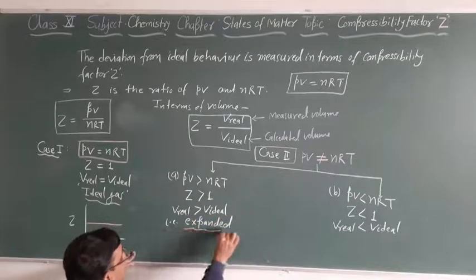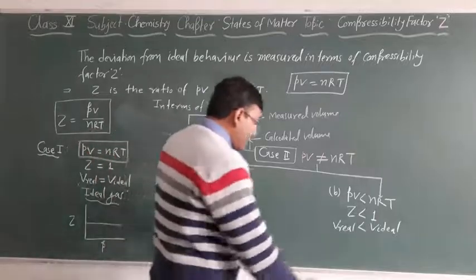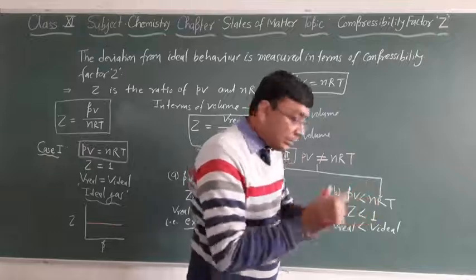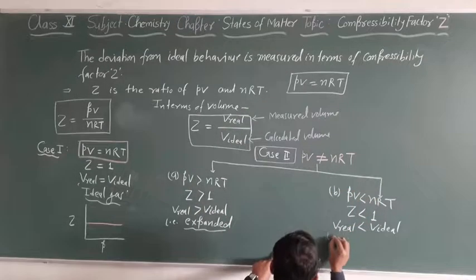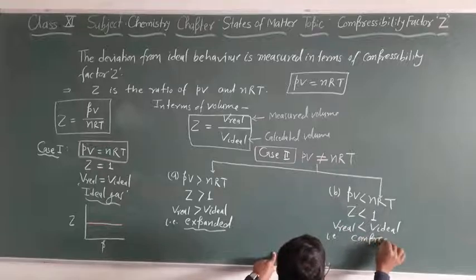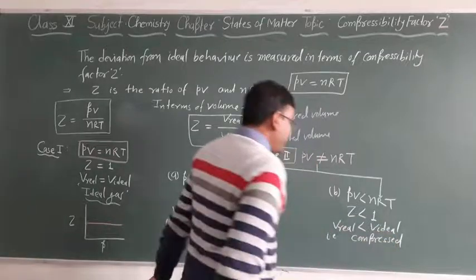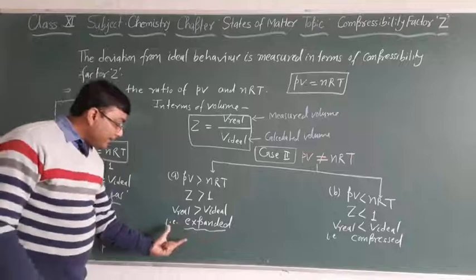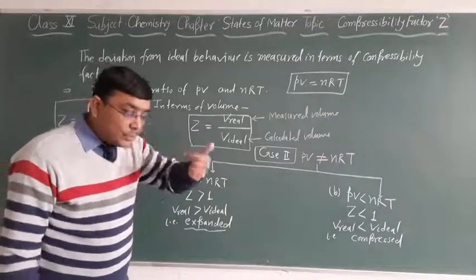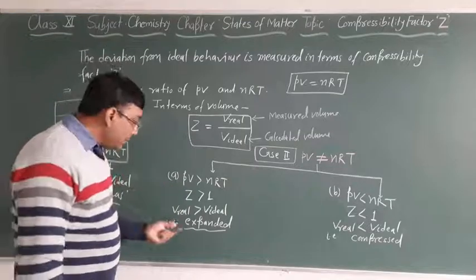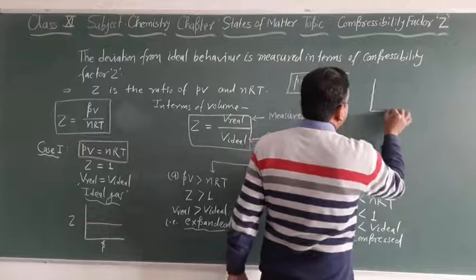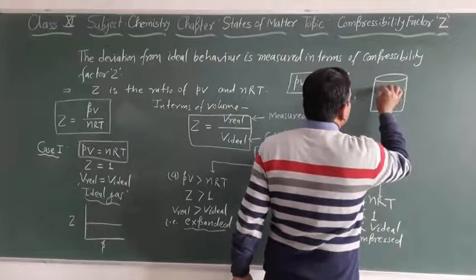Here V real less than V ideal means the gas is getting compressed, that is compression. So when the gas expands, with reference to the force of attraction and repulsion, suppose gas is kept in a container, right?